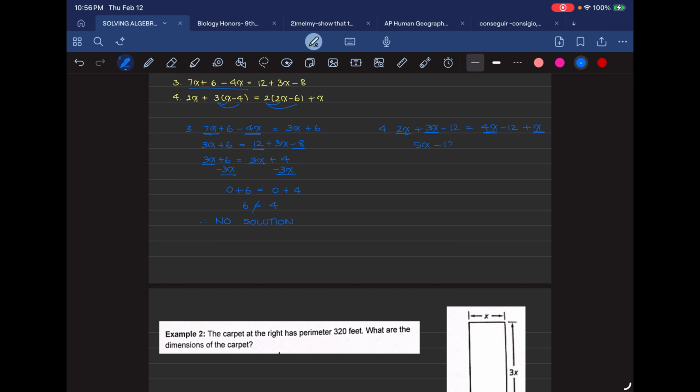So 5x minus 12 equals 5x minus 12. And these two are equal. So for this kind of problem, we say that we have infinitely many solutions.